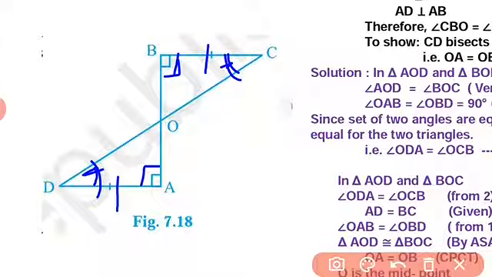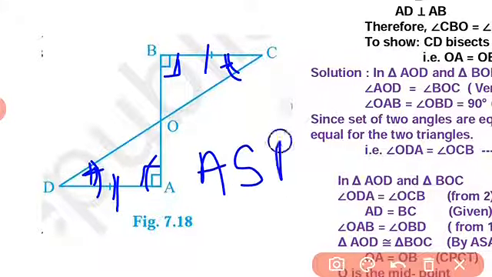We got two angles and one included side. That is angle, side, angle. So this is a criterion for congruency. So by ASA congruence rule, triangle BOC is congruent to triangle AOD.